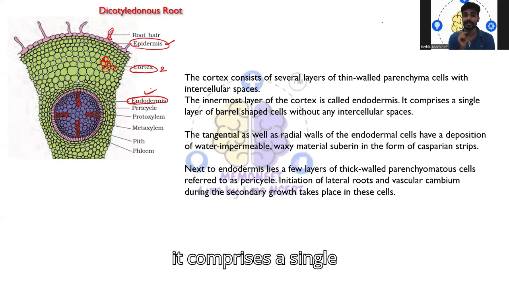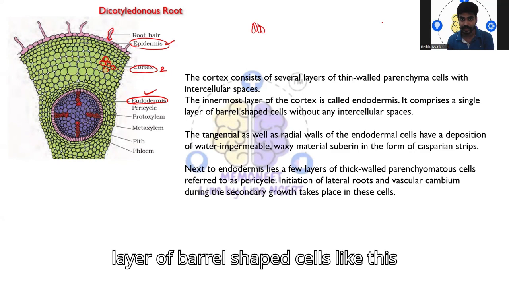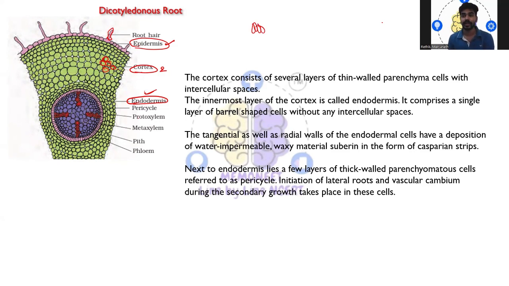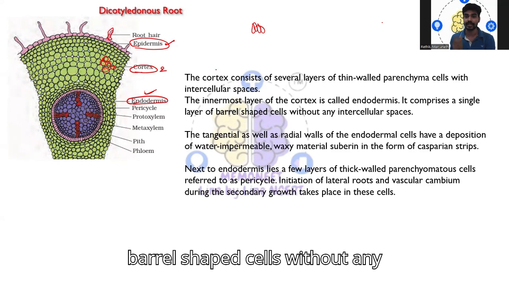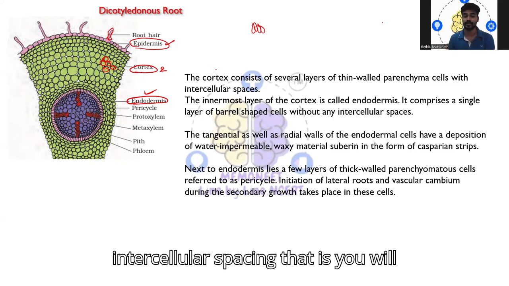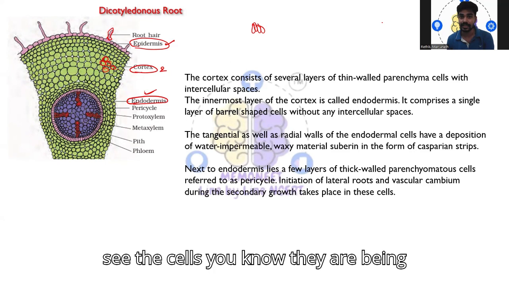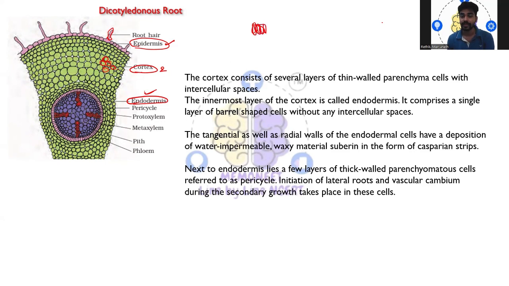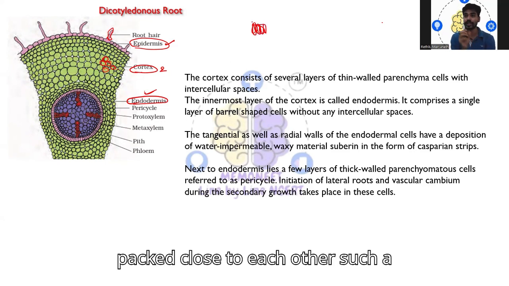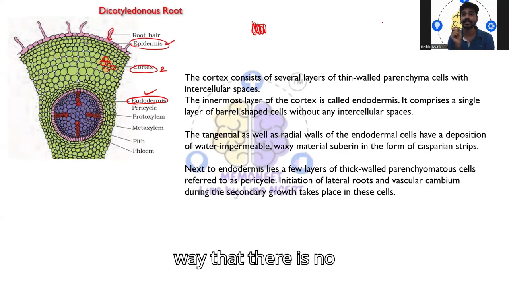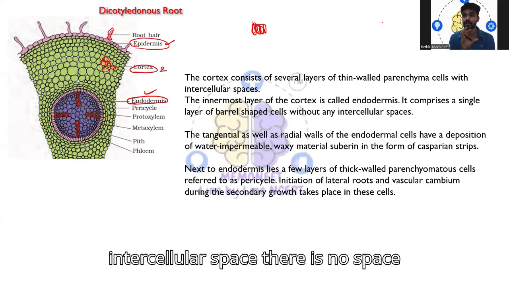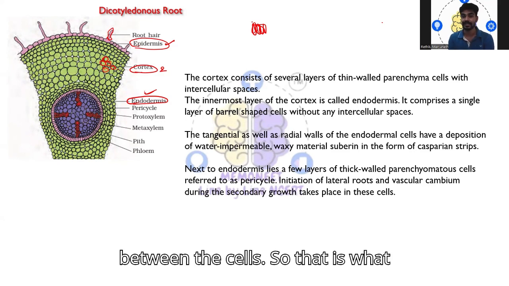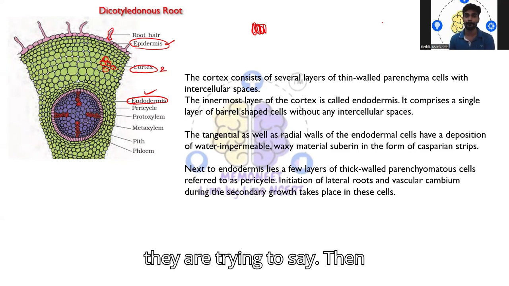It comprises a single layer of barrel-shaped cells without any intercellular spacing. The cells are packed close to each other in such a way that there is no space between the cells.